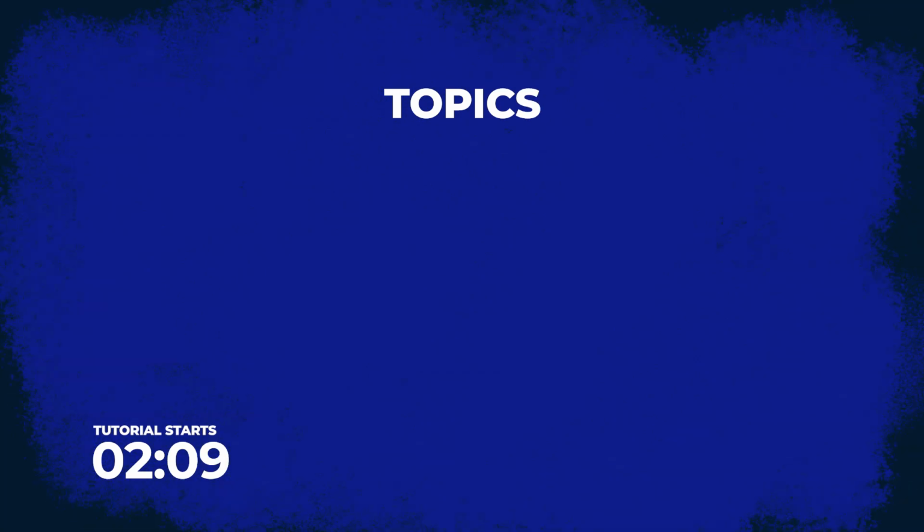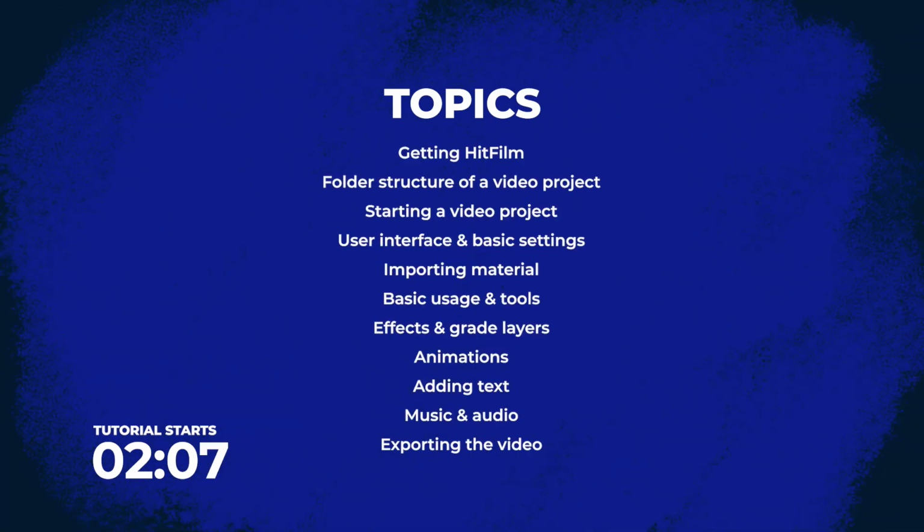So, here's a quick overview of the topics I'll cover in this video. First, we'll look at where to download the program. Then I'll show you what kind of folder structure you should create for your video projects. And then how to start a video project in HitFilm. And then we'll explore the basic settings and discuss the interface.